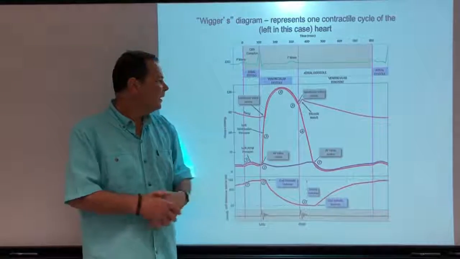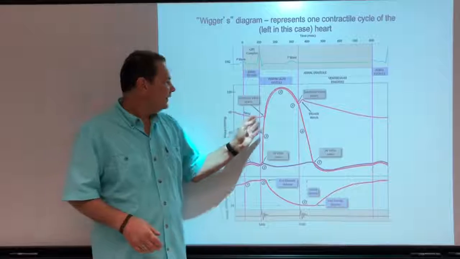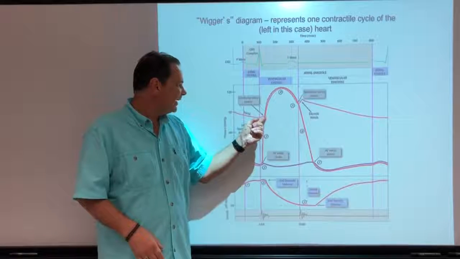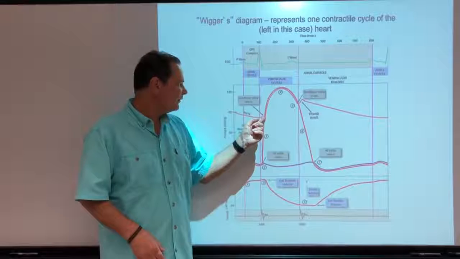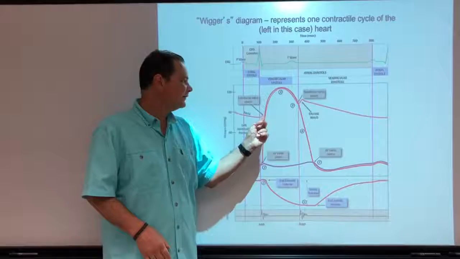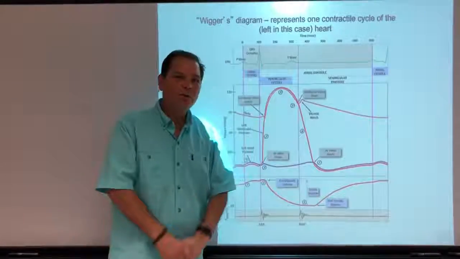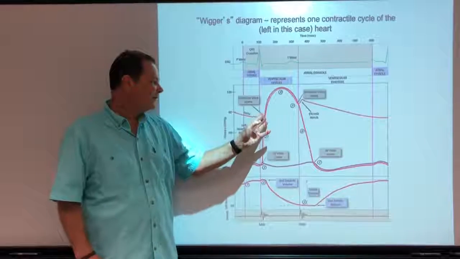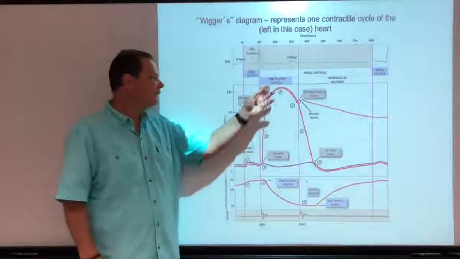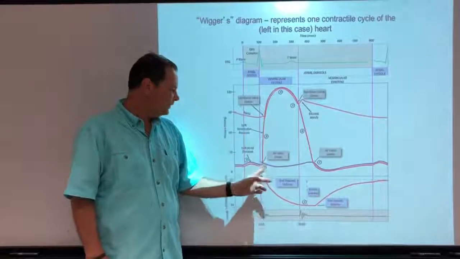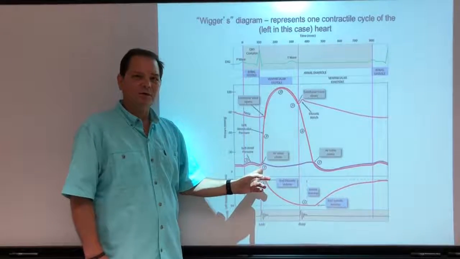On the other hand, here we have a point where the semilunar valve opens. That's during systole as well. On the left side is the aortic valve, on the right side is the pulmonary valve. So during systole, the aortic valve on the left is open, the mitral valve is closed.